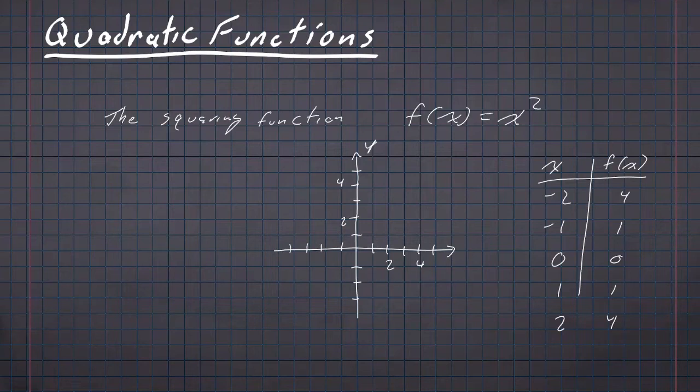Just evaluate that function at a couple of points, plot those points on my coordinate axes, do my best to draw the curve passing through those points, and we get a graph that looks something like this.